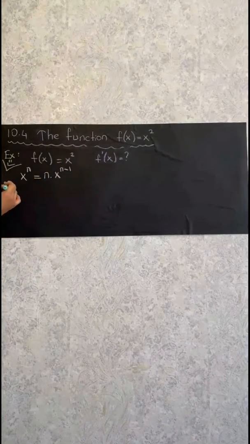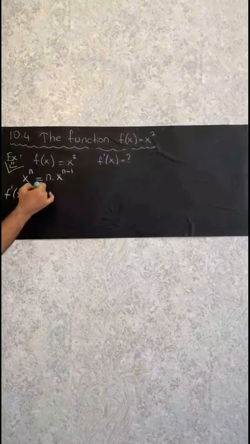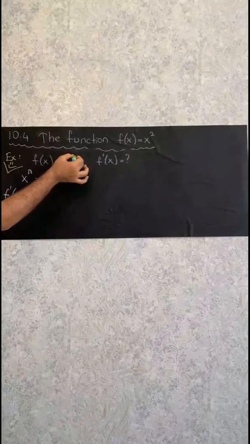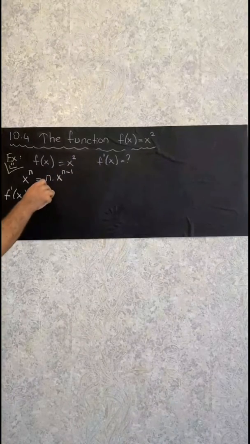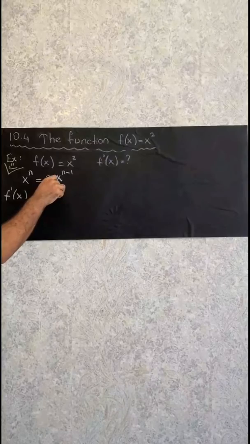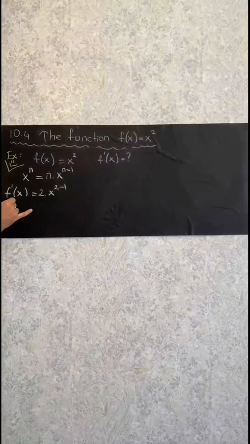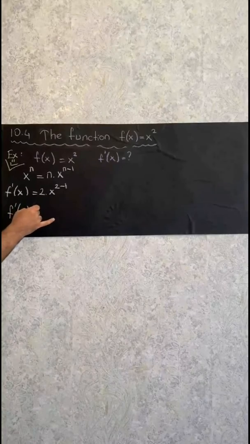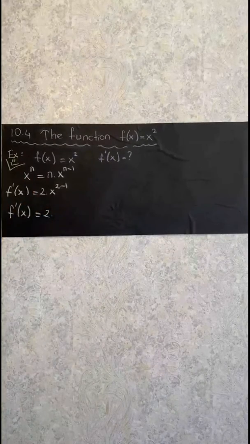For f of x equals x squared, the power is 2. So 2 is moved to the front as a coefficient, and x to the power of 2 minus 1.